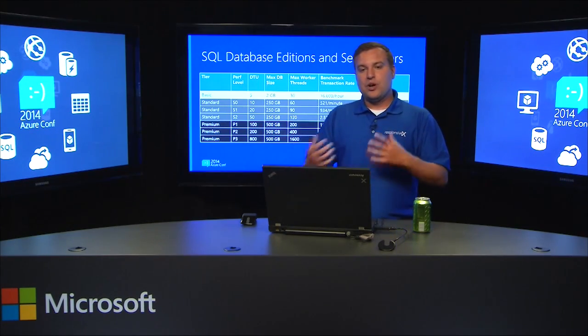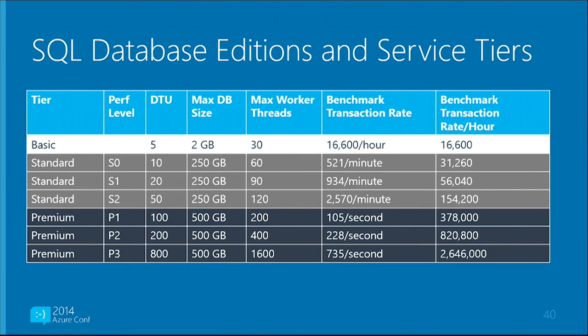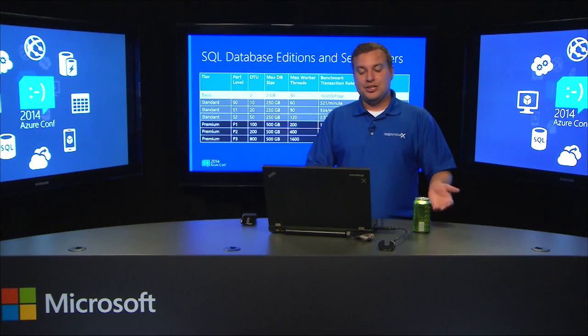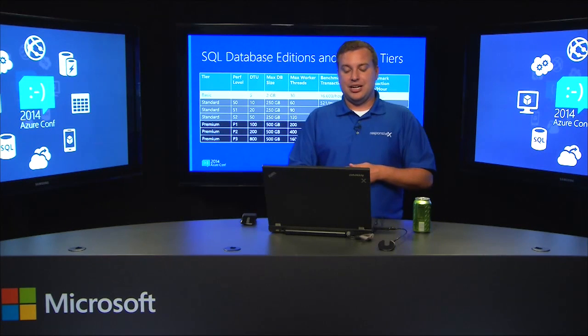Now, you will want to test your own application and your workload against these levels to figure out what's the right setup for you, what's the right size of database for your scenario. But in Standard, you can have up to a 250 gig database. You don't have to have 250 gigs, but you don't pay anything more, whether it's 1 gig or 250 gigs. For Premium, you can have up to a single 500 gig database.